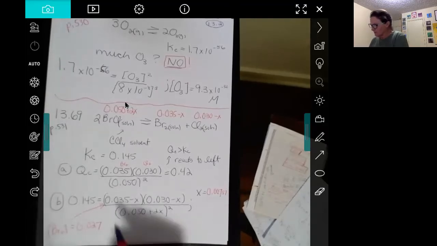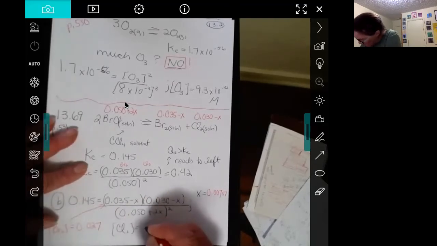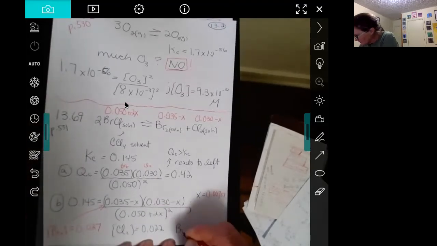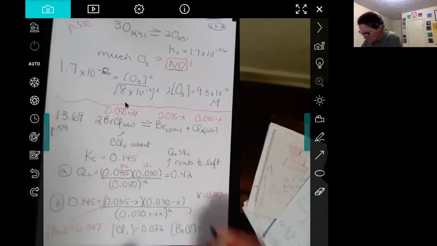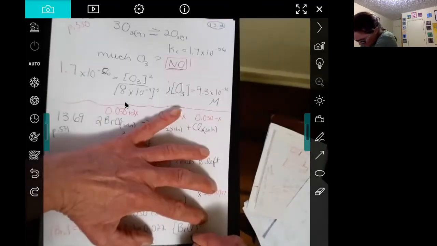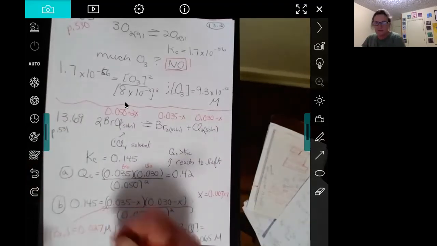I only have 3 to the right of the decimal, remembering sig figs. So then 0.03 minus 0.00757 gives me chlorine 0.022. And then the bromine chloride, I've got to add 2 times that. So 2 times 0.00757 plus 0.05 gives me 0.065. All of those have units of molarity.